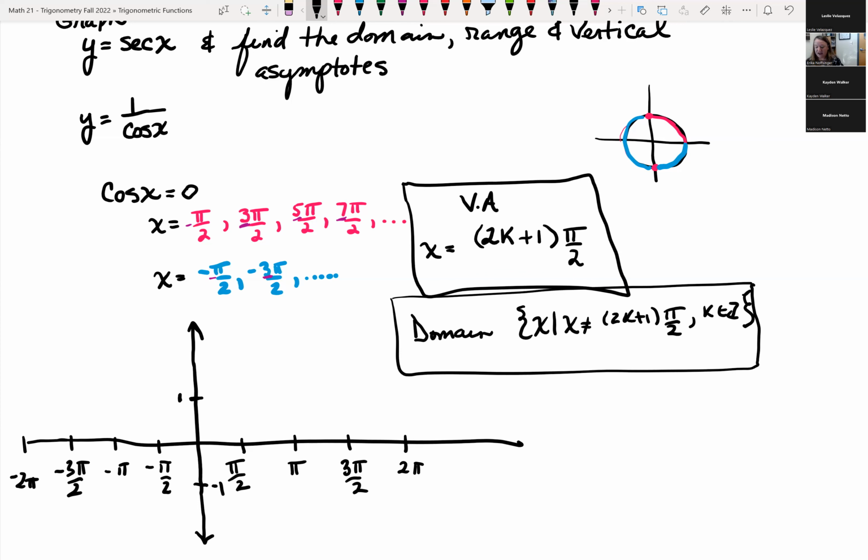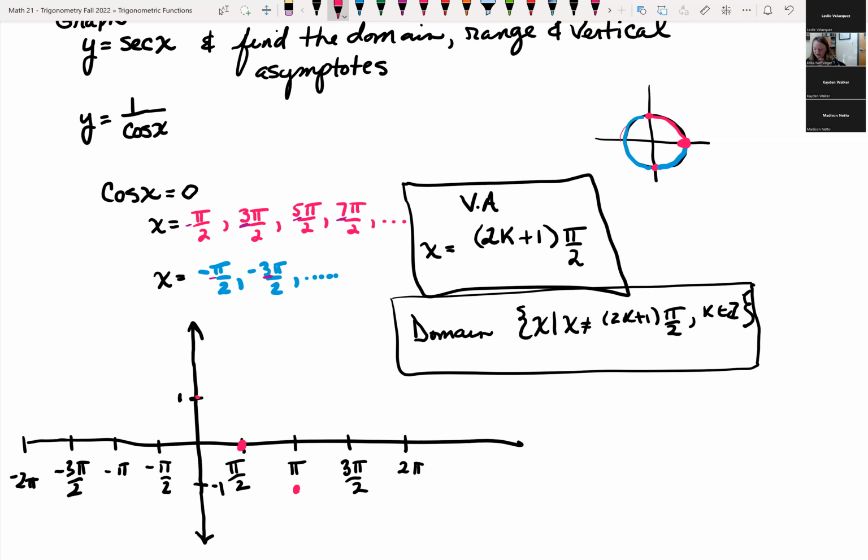Recall our amplitude of cosine of x was 1. So our maximum is 1 and our minimum is negative 1. And cosine of x started at our maximum value. And so we're going to start at the point 0, 1. Or if you look at the unit circle, at x equals 0, cosine is 1. So at pi halves, this was our x-intercept. This was when cosine was equal to 0.